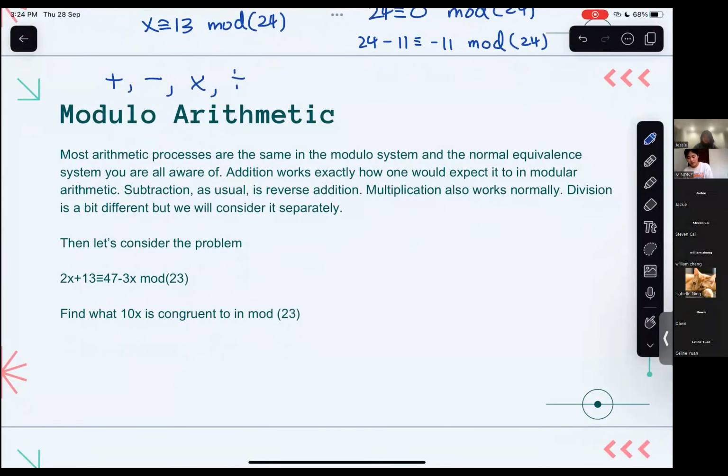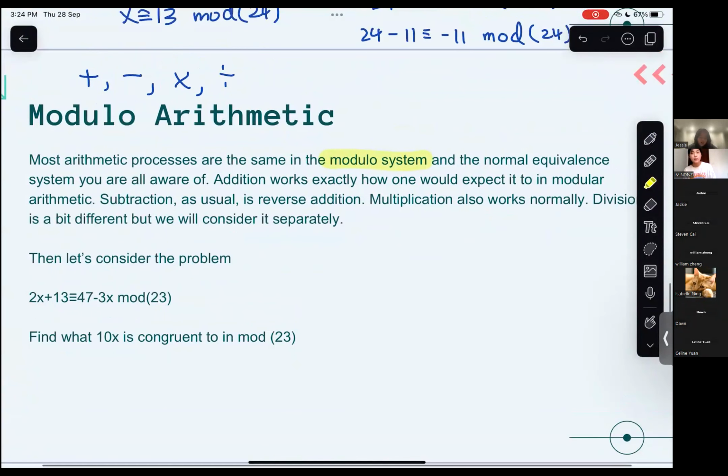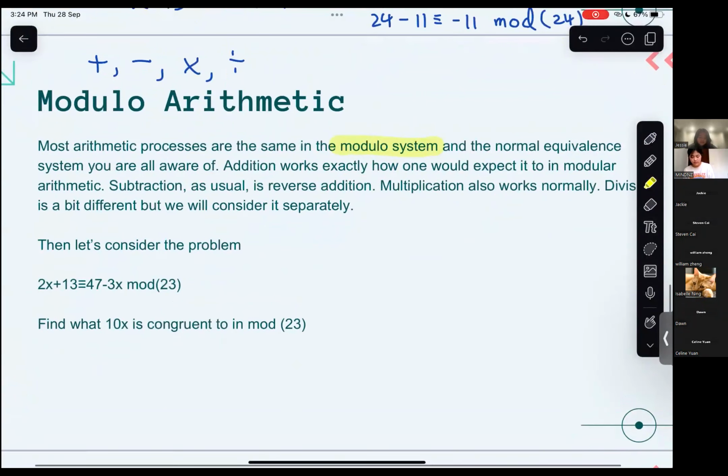So under the modular system, it's very, very similar to normal equivalent systems that you might be aware of for arithmetic processes, except for division. So addition works the same way, as congruent is basically going to be the same as if you have an equals sign. So you can add on both sides and you can subtract on both sides like you would with normal equal signs, and you can actually times both sides as well.